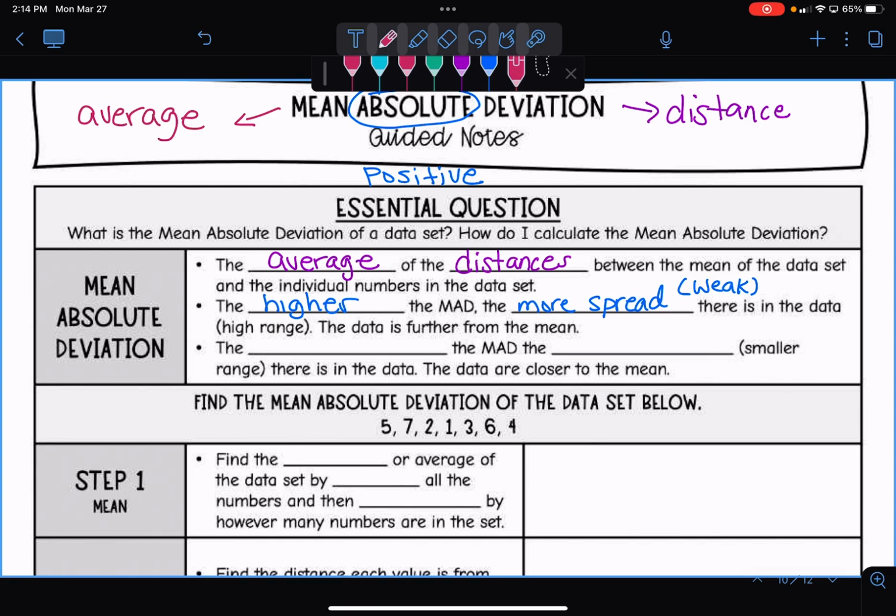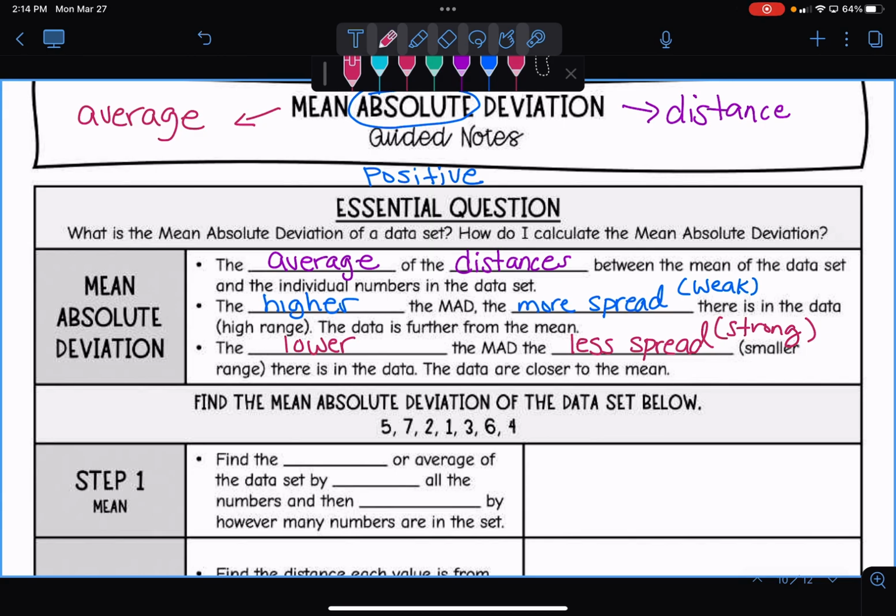No, you want a strong association, which means a lower mean absolute deviation. Then it's less spread out, which means it is strong. So you want your points close together, just like on scatter plots.